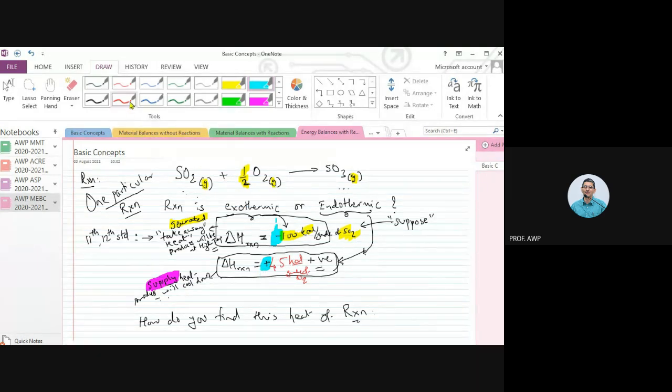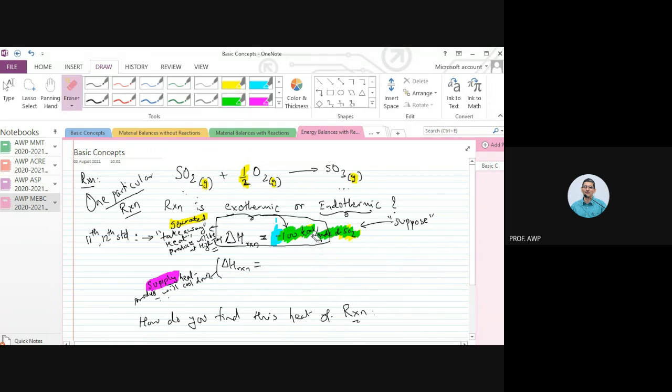The next thing that is important is the value. How much is removed? 100 kilocalories is removed. Per what? Per gram mole of SO2, or per gram mole of oxygen. Obviously, these two cannot be the same.